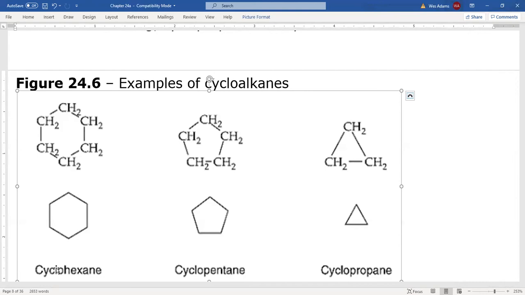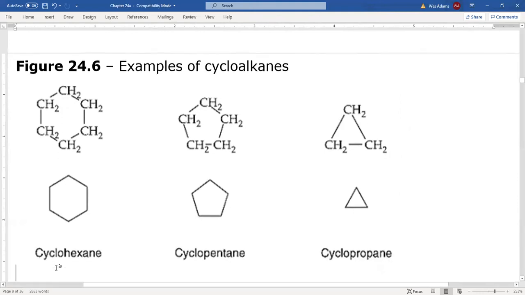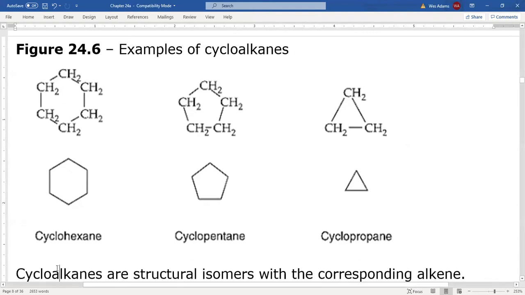So that is our line structure, where we assume there's a CH2 at each spot, unless there's substitution on the ring. And so for cyclohexane, we draw a hexagon. Cyclopentane, we draw a pentagon. Cyclopropane, we draw a triangle, the shape that goes with the number of positions on the ring.